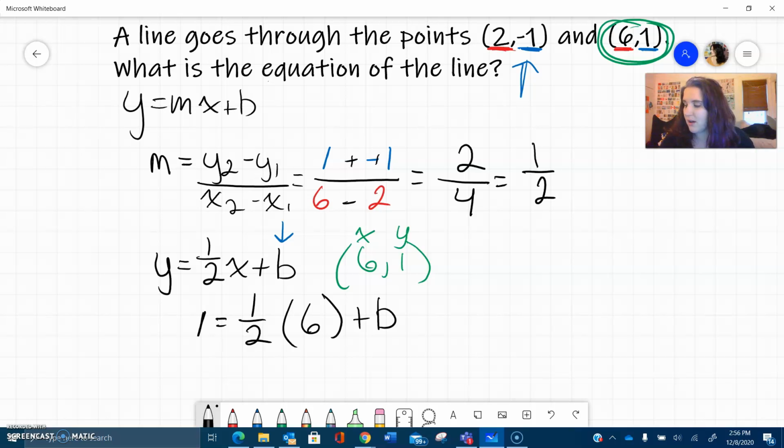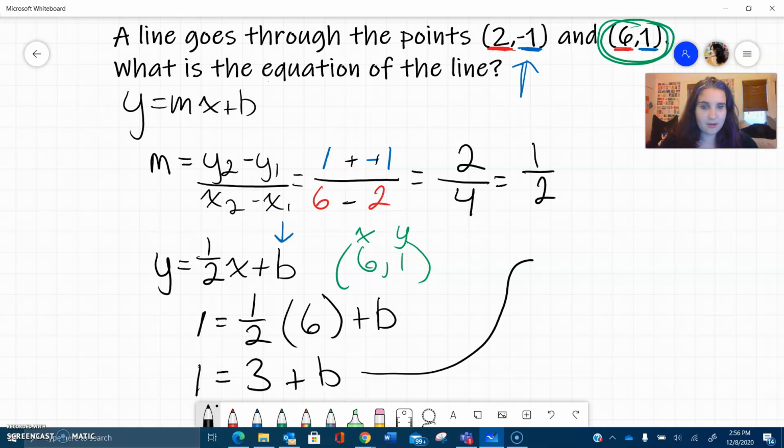Now I just need to solve this equation for b. So 1 equals 1/2 times 6, or 6 over 2. Half of 6 is 3. And then I'm left with plus b at the end. Now I'm going to solve this for b. I'm just going to write it over here.